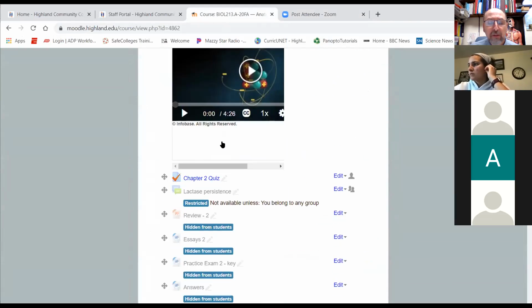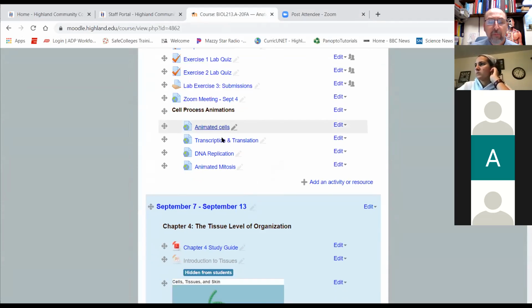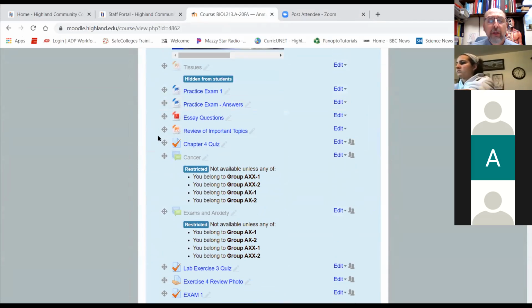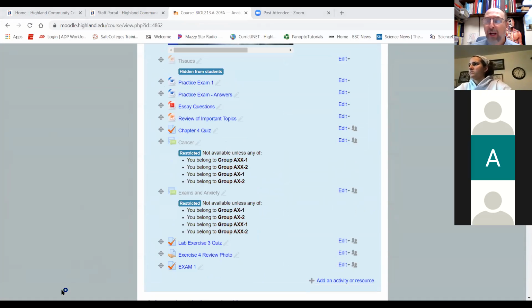So I've got to get to it somewhere. On the bottom here, practice exam. There we go. I don't know why that didn't show up though. Can you see the anatomy and physiology 1 practice exam?